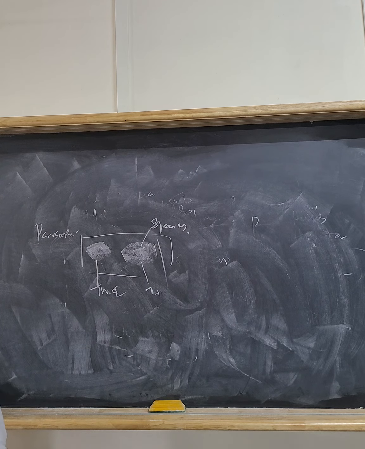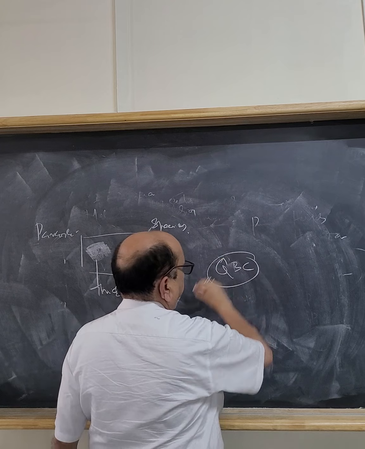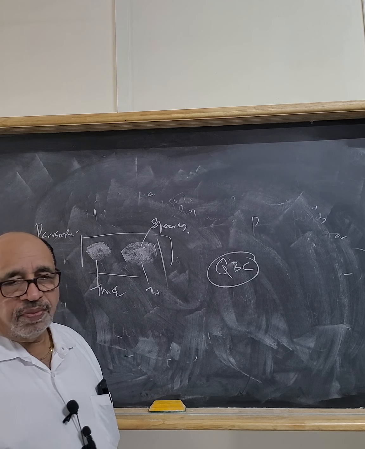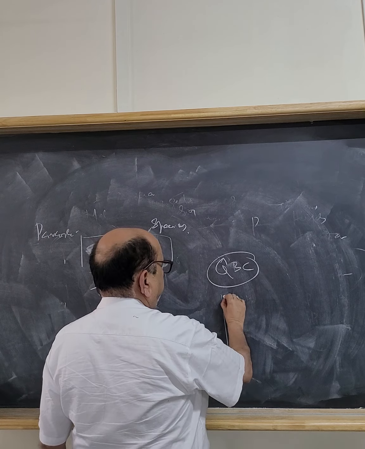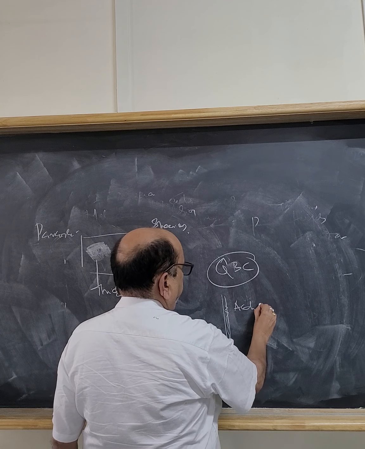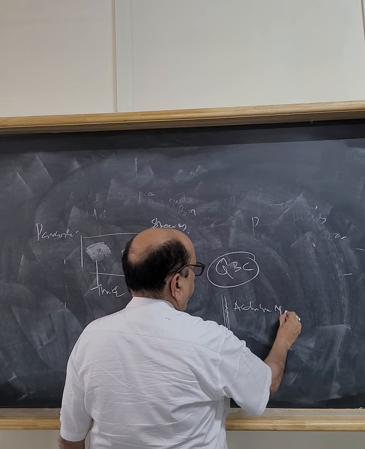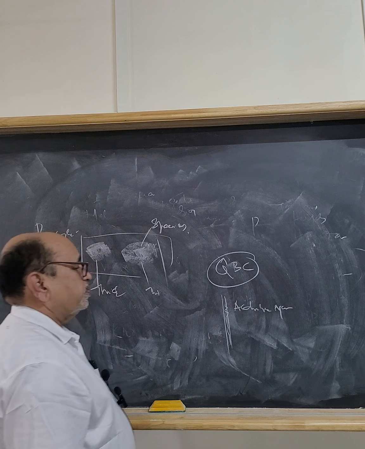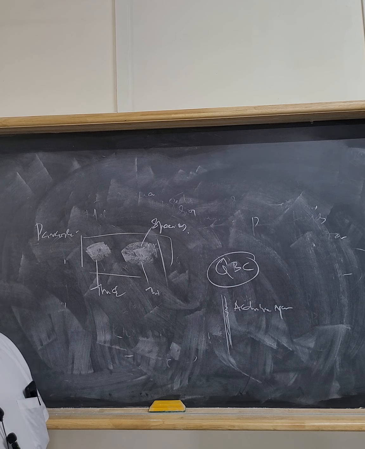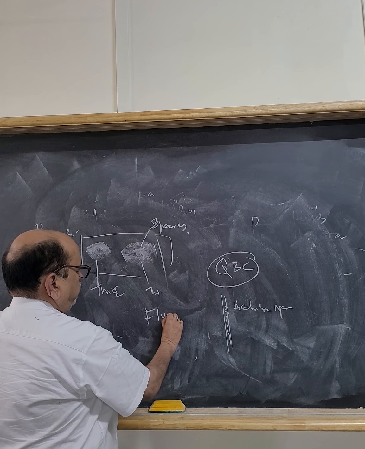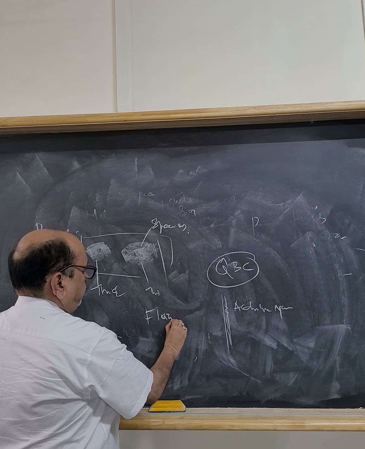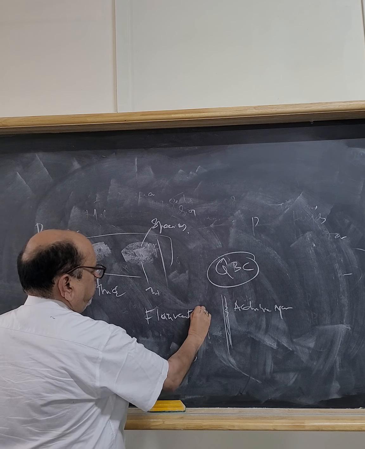Now we will be doing what is called QBC, quantitative buffy coat. We take capillary tubes which are coated with acridine orange, and we centrifuge it and see under a fluorescent microscope. They fluoresce.